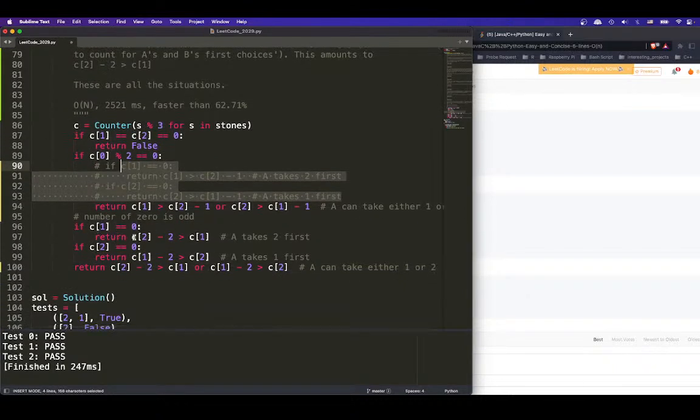So this is definitely going to be false. And same with here. Oh, this one's different. This one just says if C1 is 0, I just need it to be 0. If C2 is 0, it should be 0. Otherwise we do... Oh, that was wrong.